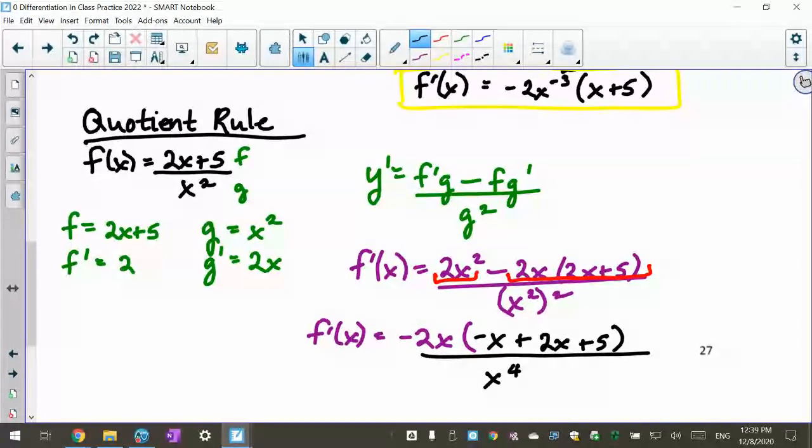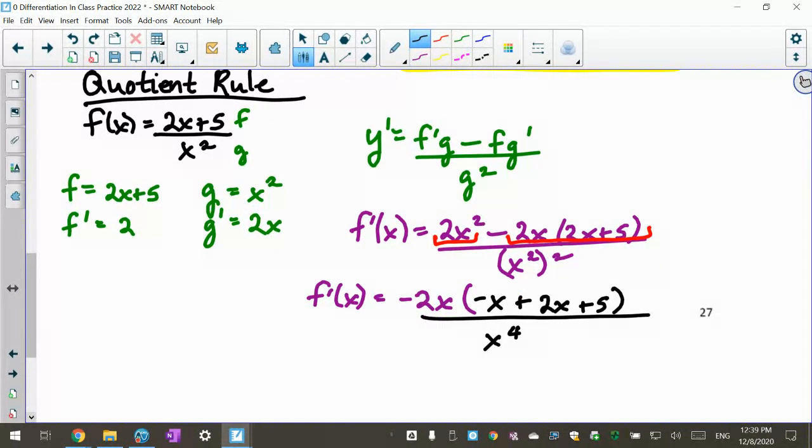So I did that in different colors, so you can see if I factor that out, I'm actually dividing each of those red brackets by -2x. All right, so let's go back to this. So I have f prime of x is going to equal -2x, and this is actually x plus 5 in this parentheses all over x to the 4th.